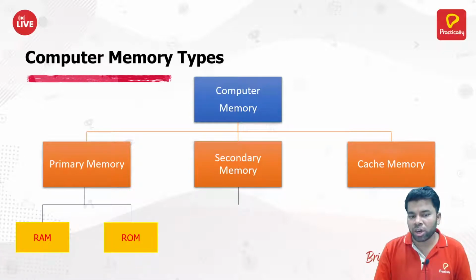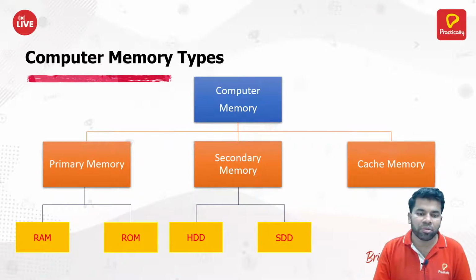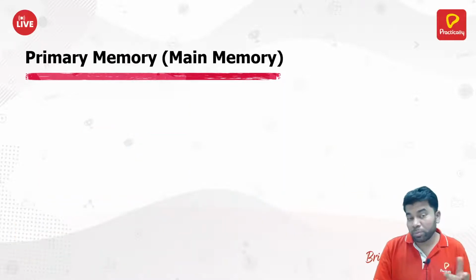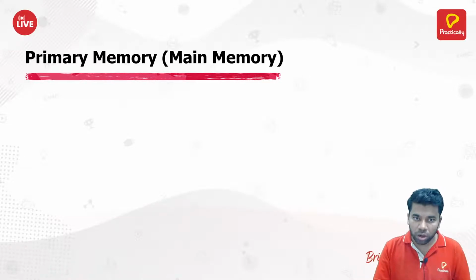The examples of secondary memory, here I just mentioned two examples, are HDD, hard disk, and SSD. There are many other examples: it may be CD, floppy disk, pen drive, SD card. All these are examples of secondary storage devices.